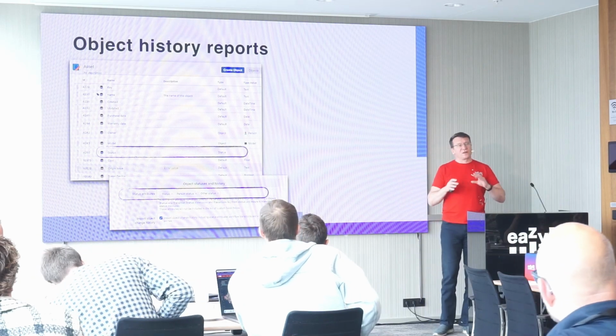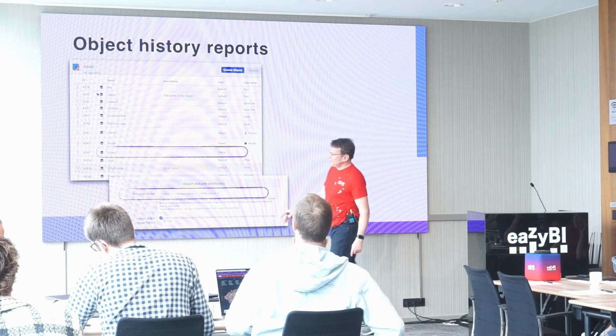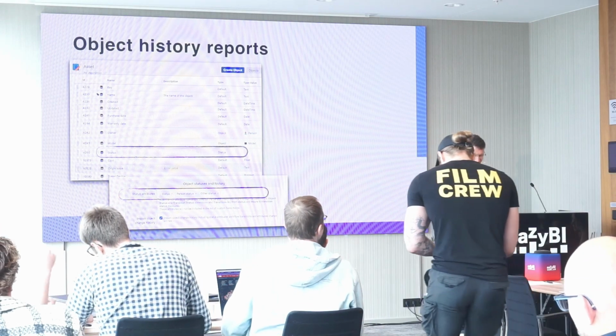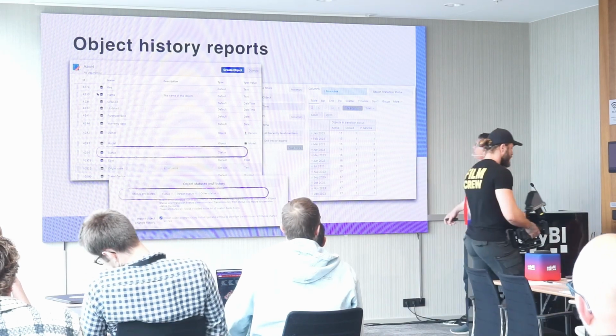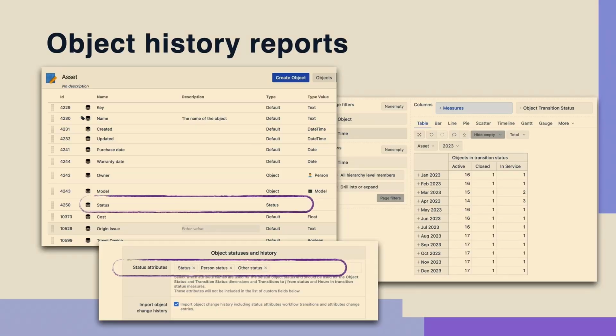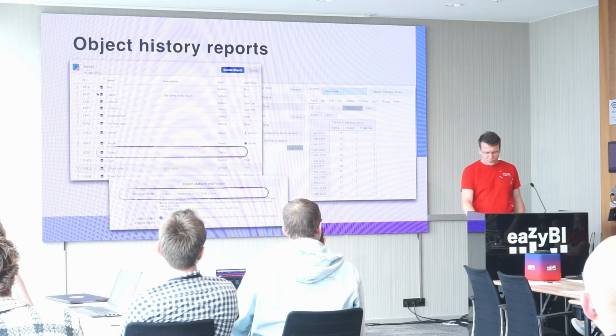There can be several statuses for the same object, and you can select which ones you would like to see in your report. And here is my history report, which is somewhat similar to what you can have with Jira cumulative flow, and you see the totals by issue status.